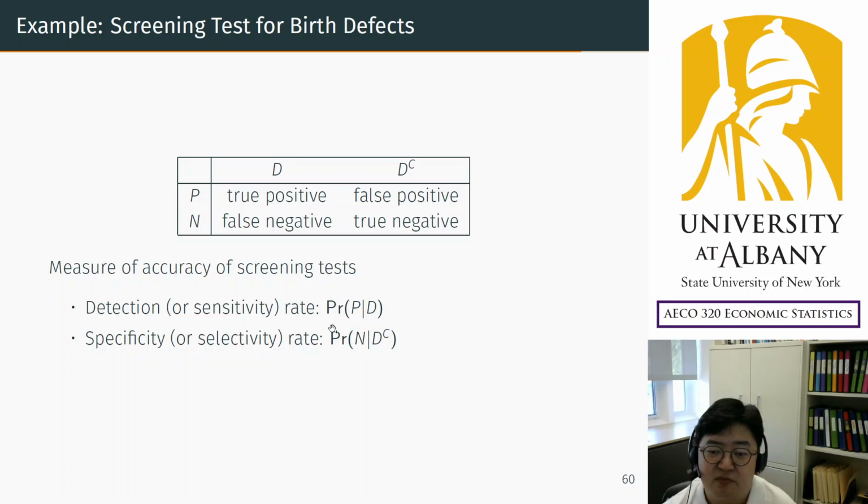That means the probability of true negative when the sample actually didn't have any defects, right? So these are scientific terms in medical studies, but that is not what we want as a parent, right?